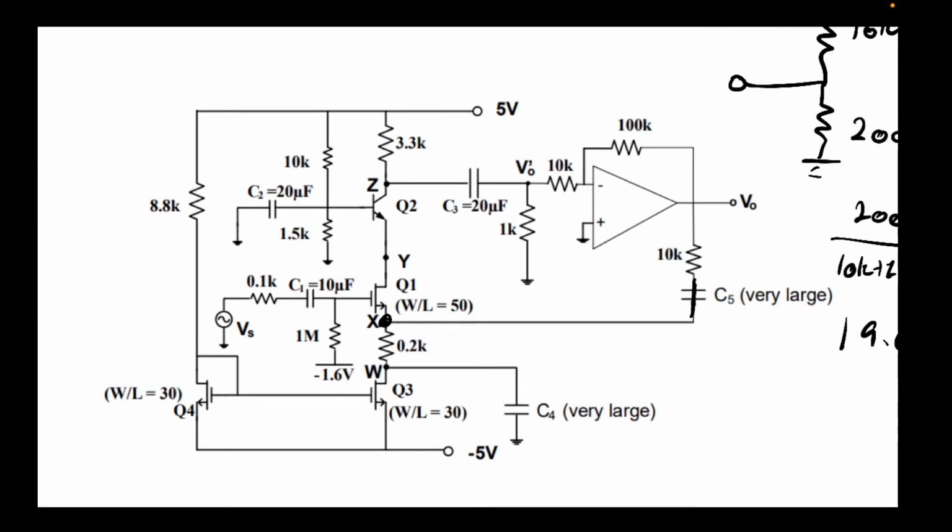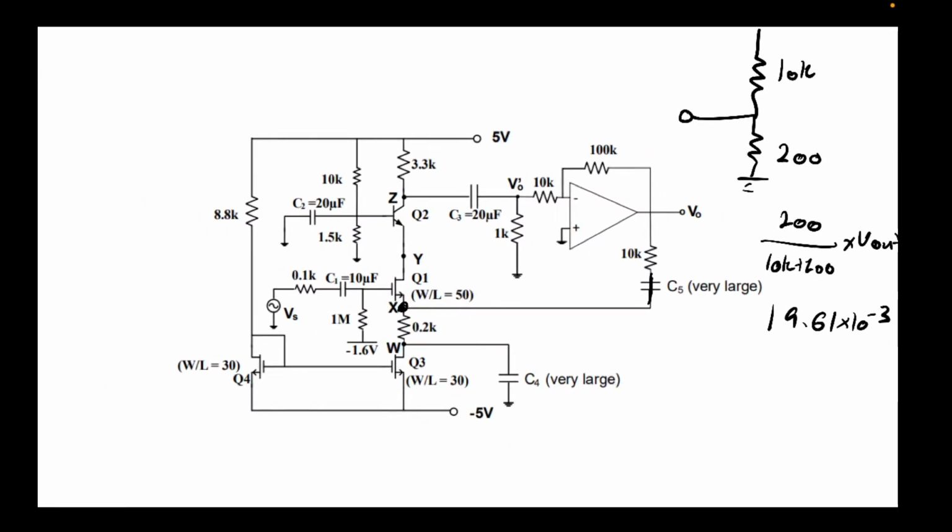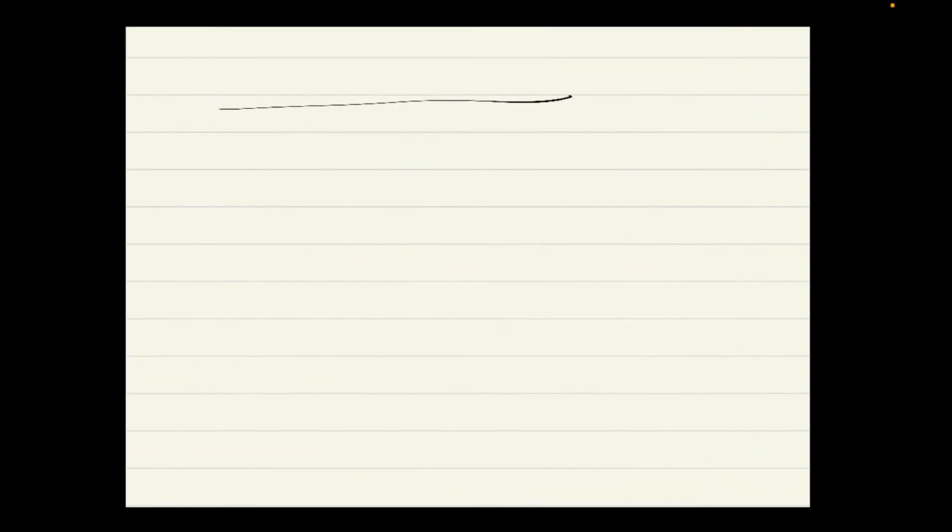This is a pretty big circuit and it looks really complicated. How am I going to go about this in a way that isn't going to overwhelm me? Well, the first thing I see is this little circuit over here. I've already said it, it's a current mirror. So I'm going to find the current in the current mirror and say that it's a current source over here. So I eliminate that.